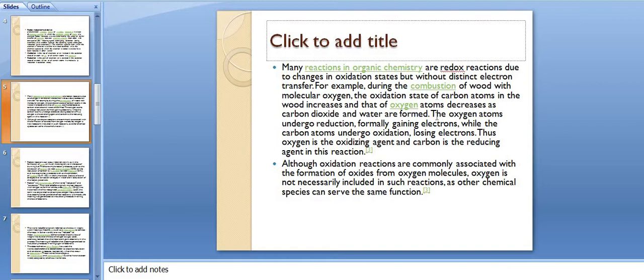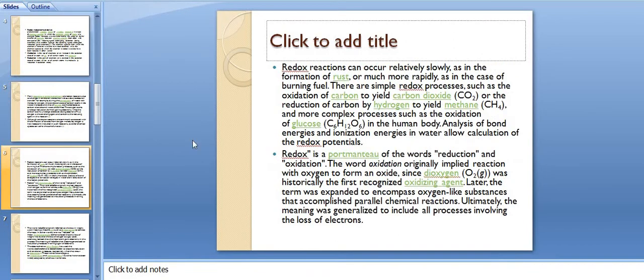Although oxidation reactions are commonly associated with the formation of oxides from oxygen molecules, oxygen is not necessarily included in such reactions as other chemical species can serve the same function. Next, redox reactions can occur relatively slowly as in the formation of rust or much more rapidly as in the case of burning fuel.